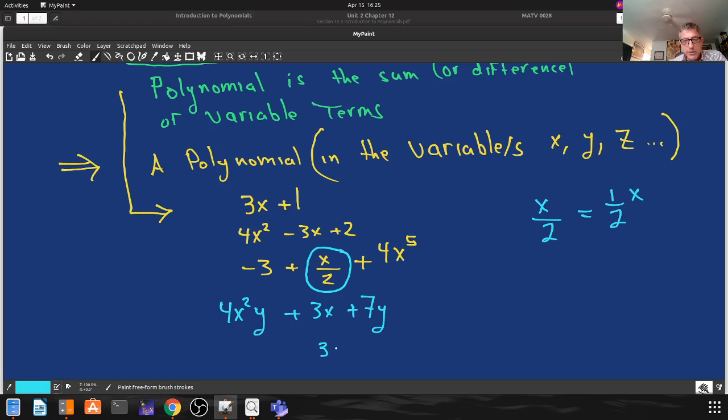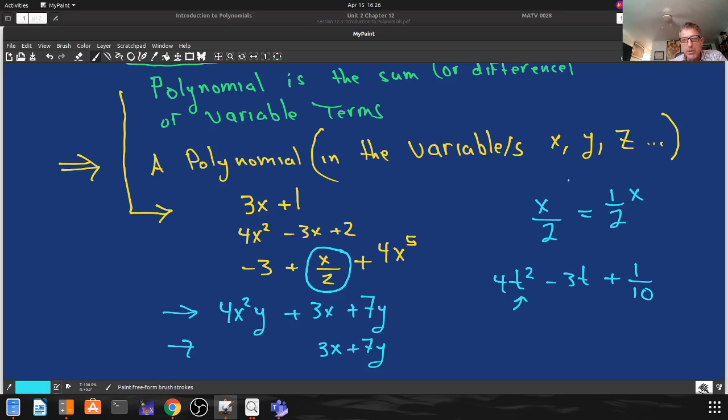Indeed, just 3x plus 7y would be a polynomial in the variables x and y, just like this is. And 4t squared minus 3t plus 1/10, that's a polynomial in the variable t.